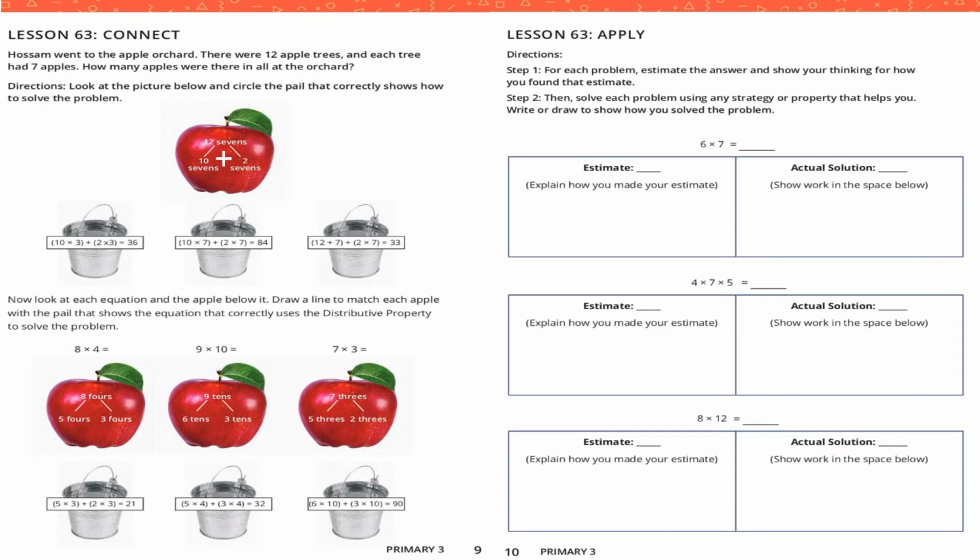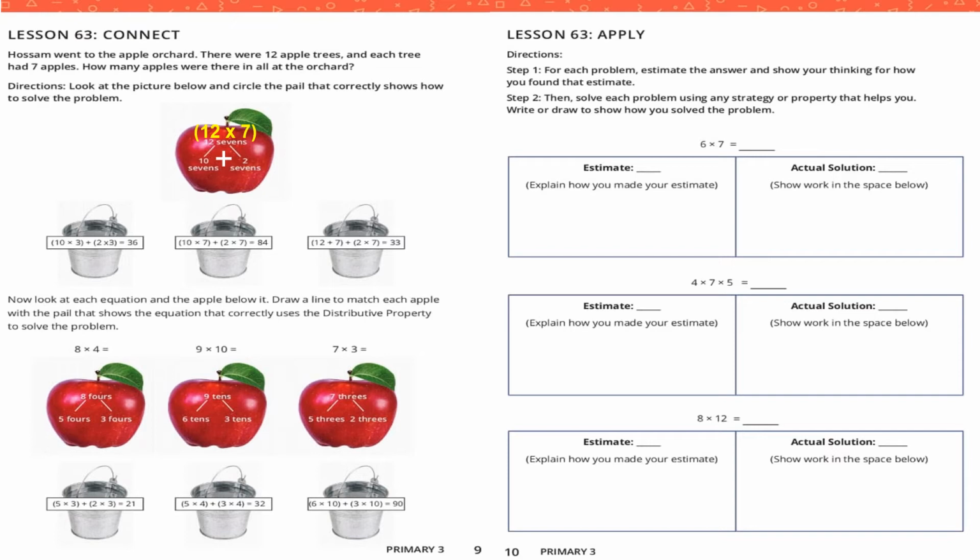Here in this apple I have 12 sevens. 12 sevens means 12 times 7, because we have 12 apple trees. Inside each tree we have 7 apples. So 12 times 7. Here we split this 12 into 10 sevens plus 2 sevens.